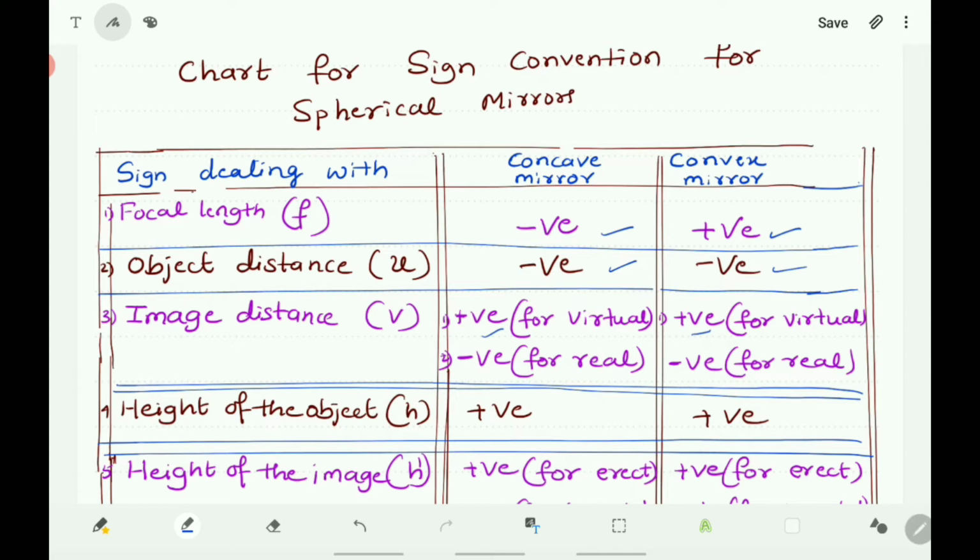And if the image is real, then the image distance is taken as negative for both concave and convex mirror. So for virtual image, the image distance is positive. For real image, the image distance is negative.